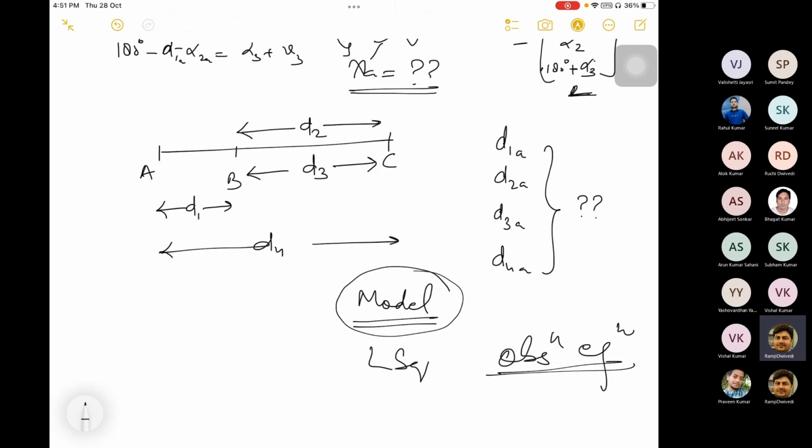Sir, their D2 and D3 distances are not representing the same BC distance. No, what I'm trying to say, an entity which you are targeting in the field may be observed by multiple groups, so they may have different values. So D1, D2 can have different observed values, isn't it? Yes, sir. अब मॉडल डेवलप करिए.